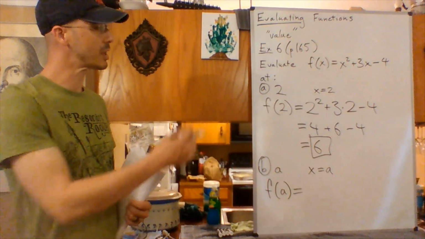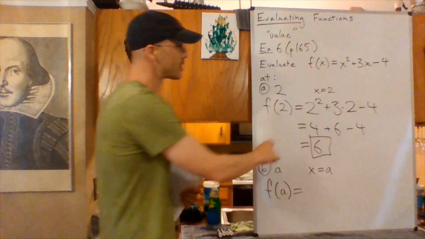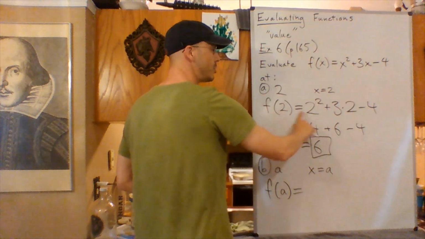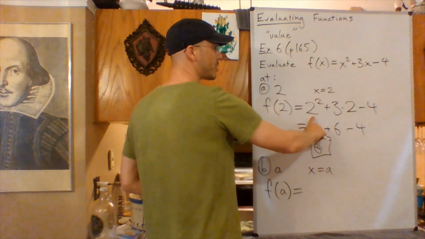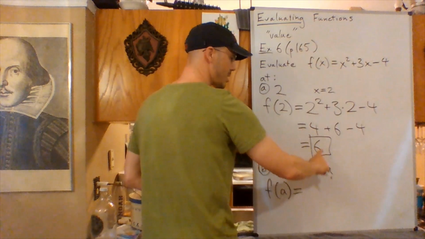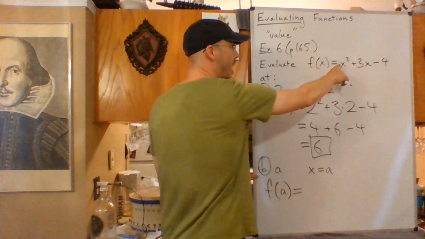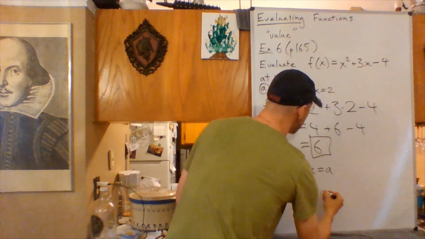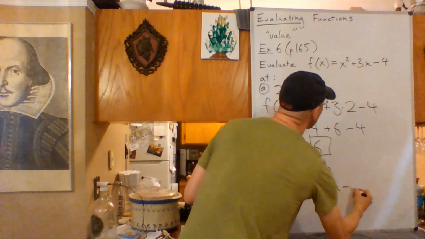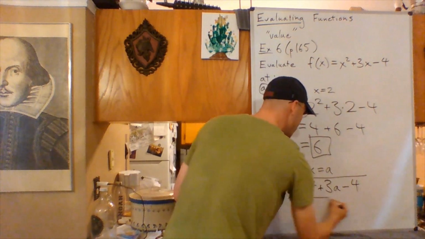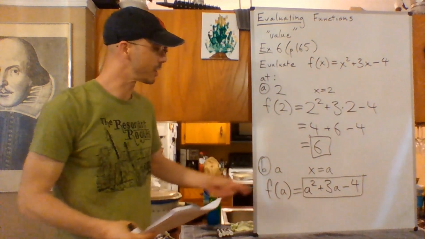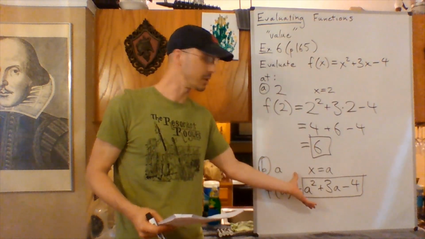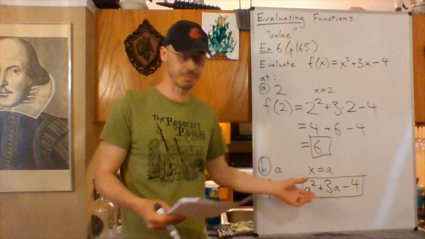I'm going to do the same thing I did before, where I swapped out the x in the formula for the number 2, except this time, I'm swapping out the letter x for another letter. A squared plus 3a minus 4. And that's it, because I don't know what number the letter a represents.